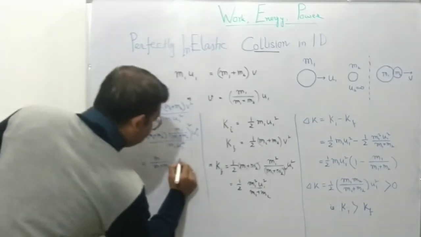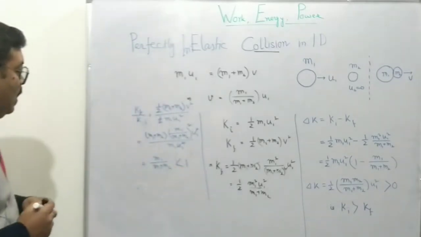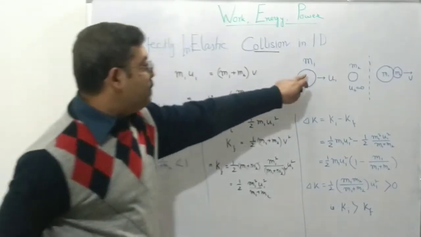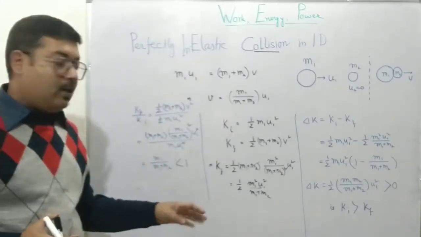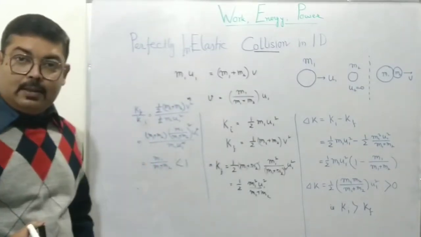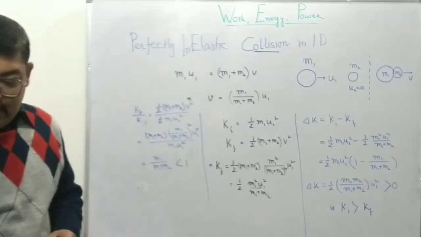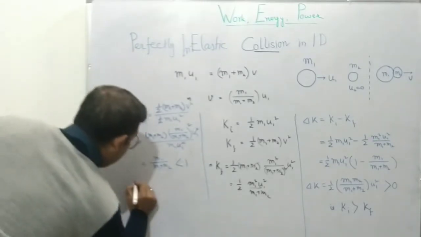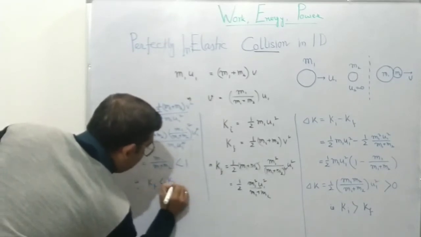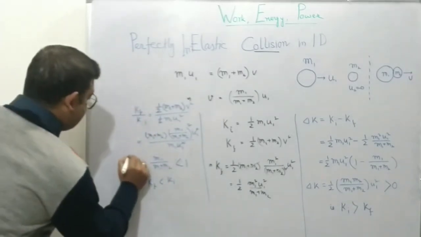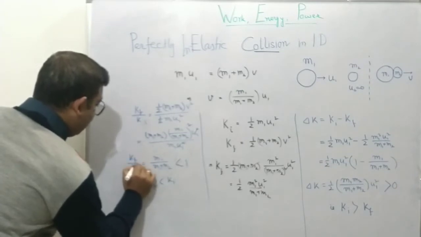Why? Because m1, the first mass, must be less compared with the sum of the two masses. Okay, that is to say Kf is less than Ki, because this is Kf by Ki.